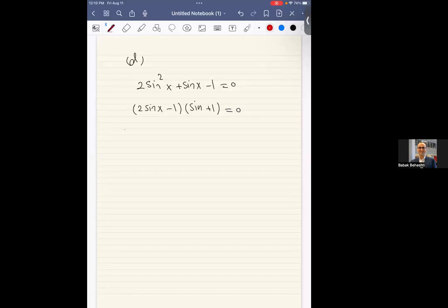So that means sine x is equal to either 1/2 or sine x is minus 1, right?